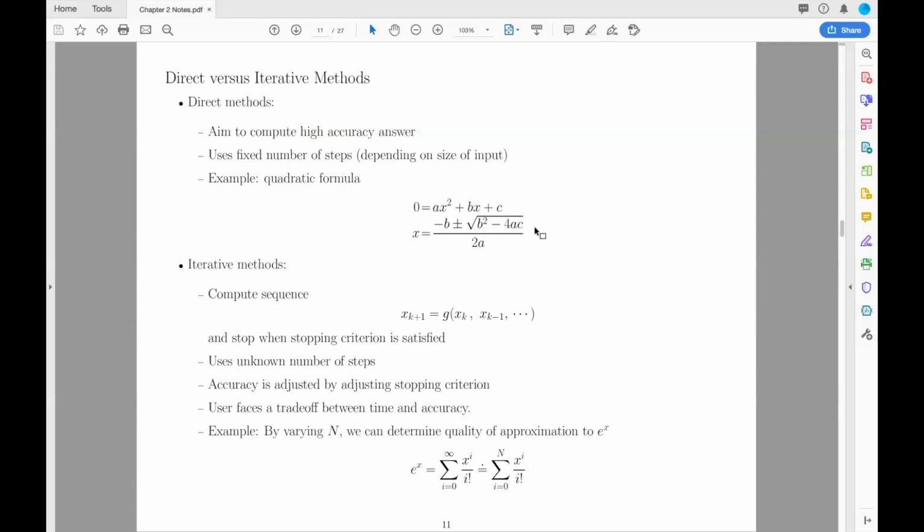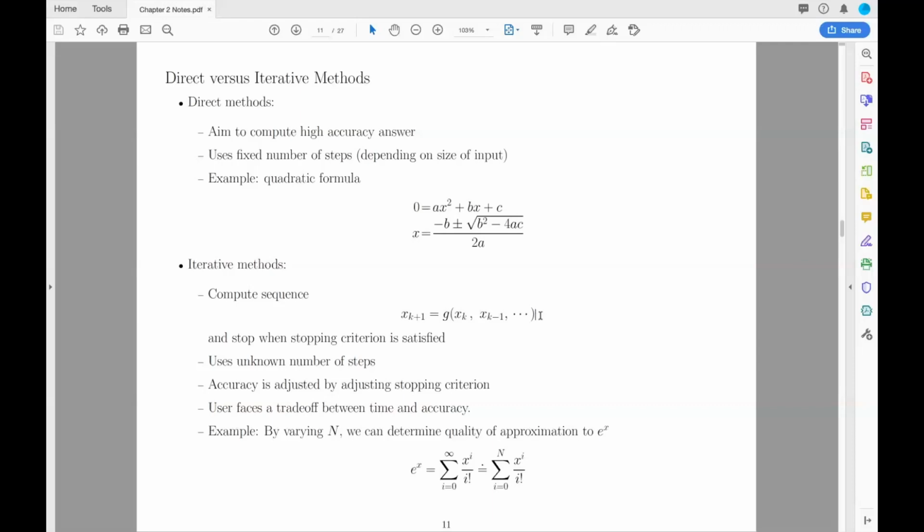Now, when it comes to any serious problem, direct methods are not available. There's no direct method for computing general equilibrium, no direct method for doing maximum likelihood, unless you have some special problem with a closed form solution. Generally, an algorithm is going to compute a sequence of guesses, where the k+1 guess depends on the history of the previous guesses.